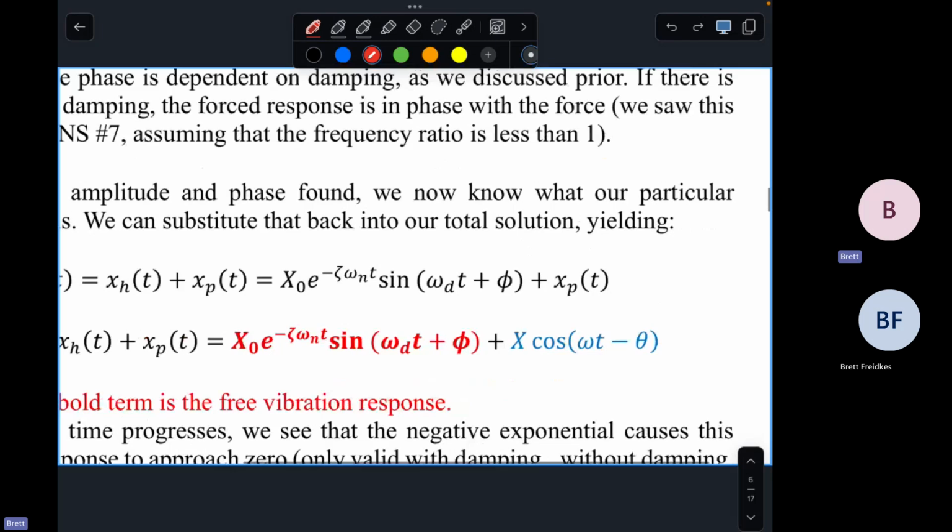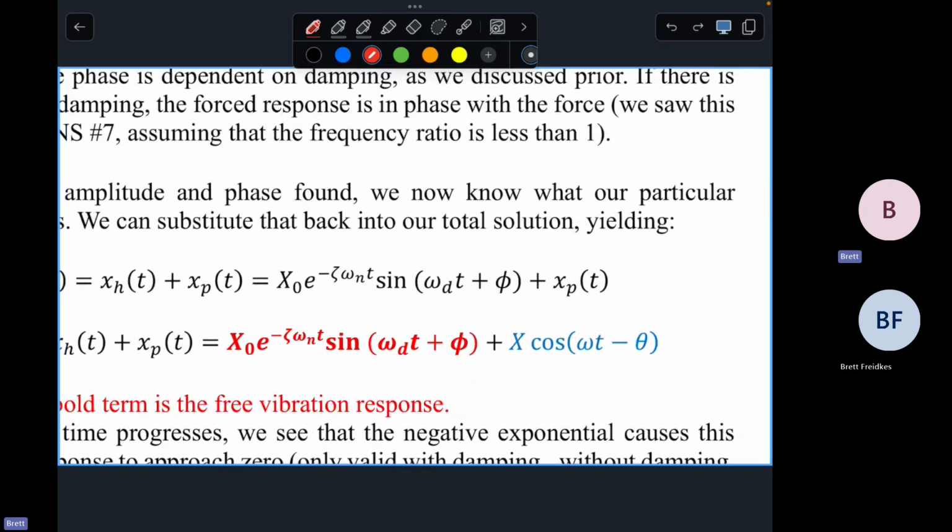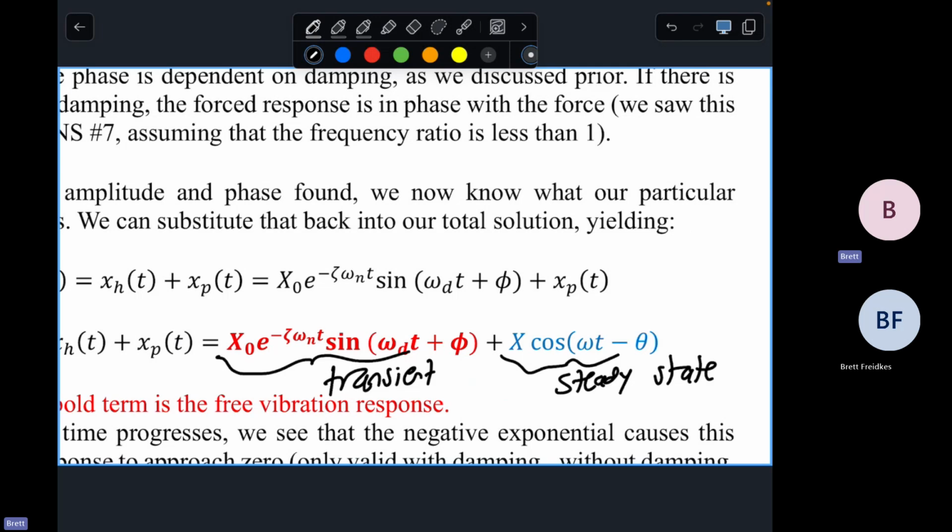So here's our total solution where we had the underdamped response due to initial conditions. This is what we call the transient, because as time goes on, it'll eventually die out. It doesn't live forever. While this is the steady state, there's no influence of the damper on that.